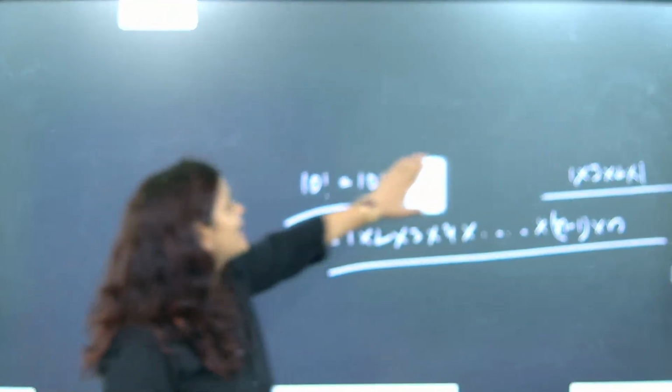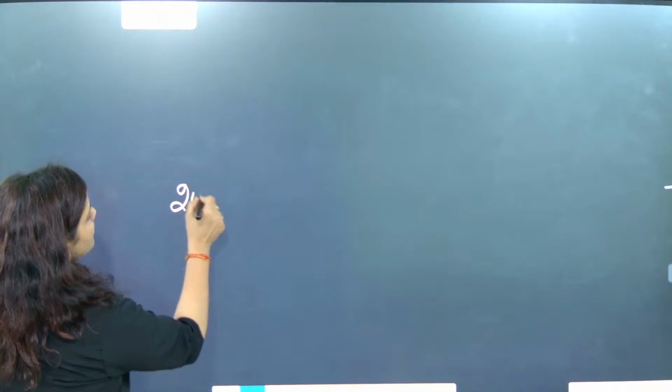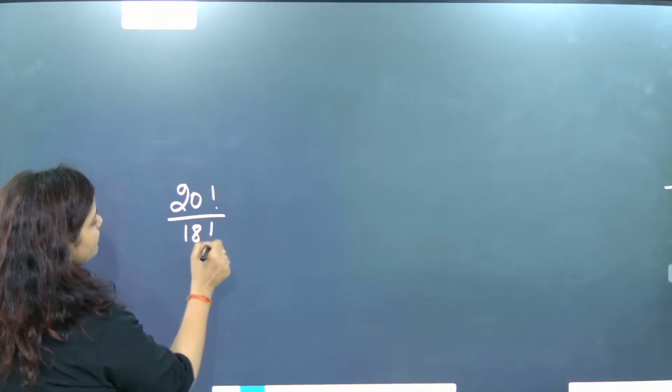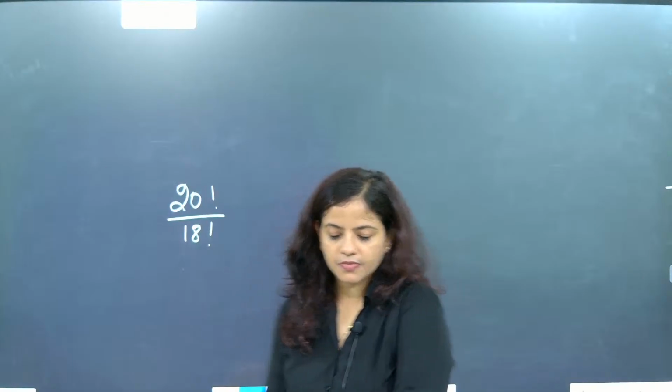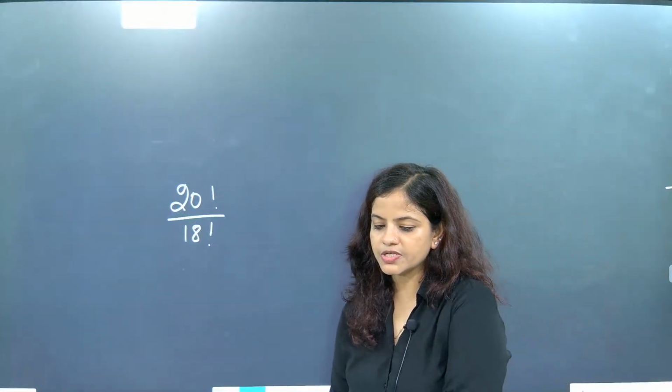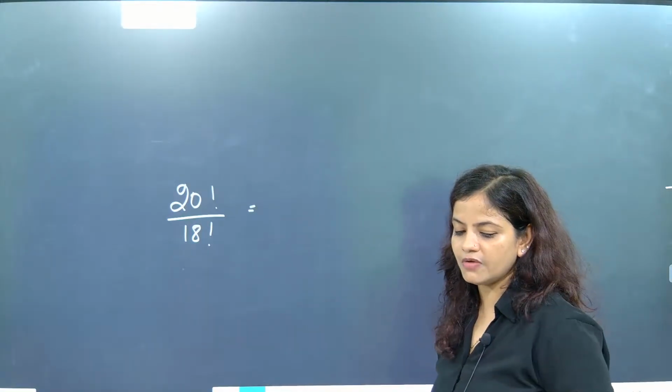So this is exactly about factorials. If somebody asks you simple questions related to factorials, like 20 factorial by 18 factorial, how are you going to solve them?